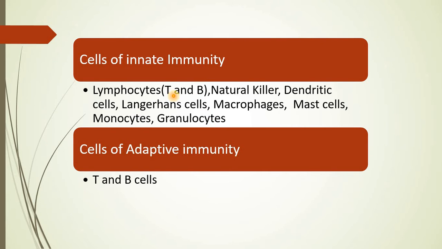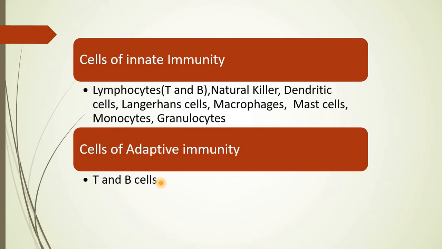Now, of these, the T cells and B cells are also seen as a part of adaptive immunity, because their activity is enhanced, it is increased, by the addition of certain kinds of stimulation from external means in the form of vaccines, and therefore they form the cells of adaptive immunity.